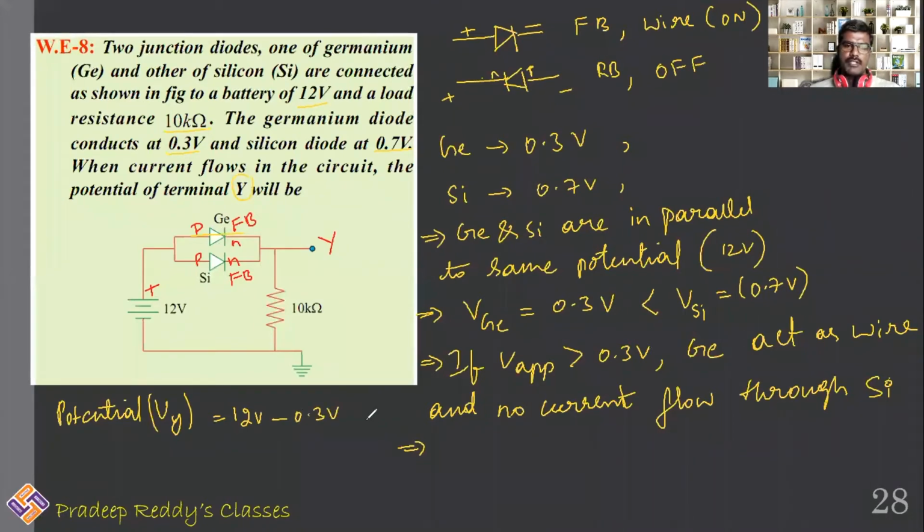Silicon will not work here because when the germanium is conducted, it becomes short circuited. As a result, the net voltage at position Y will be 11.7 volt. This is the answer for this problem.